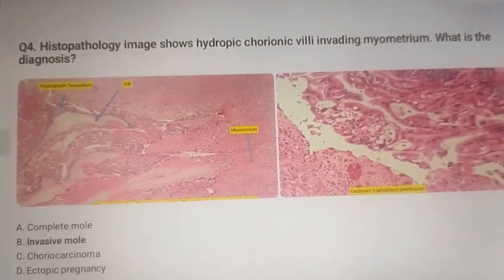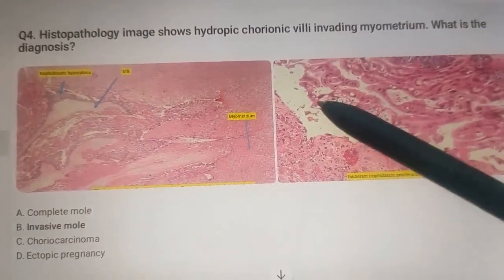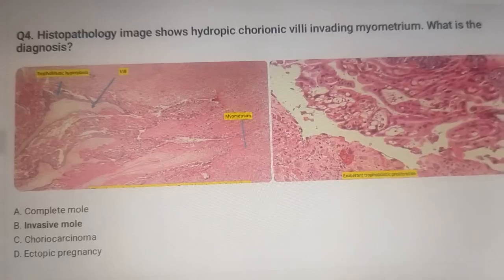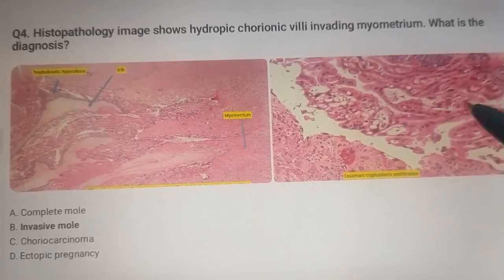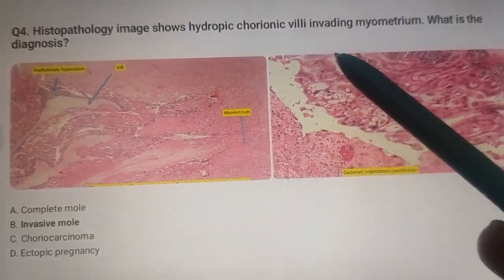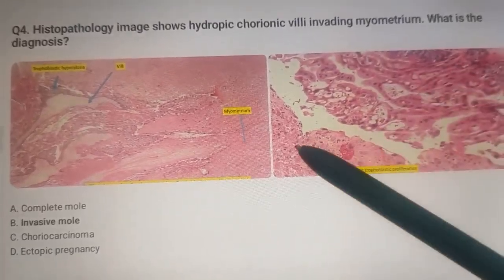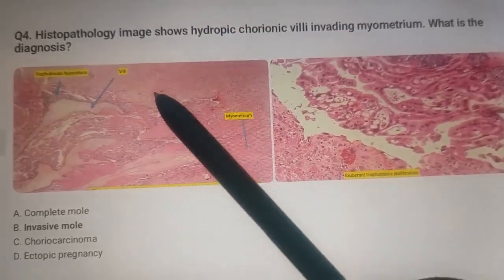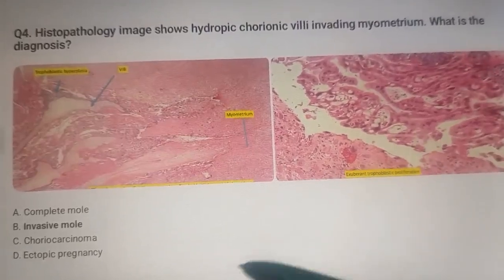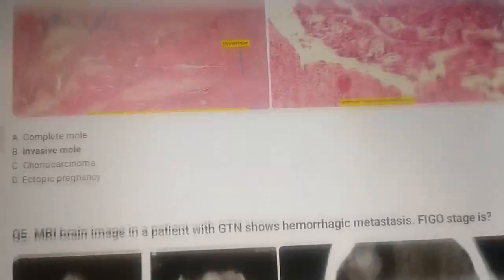Then our next question is histology image shows hydropic chorionic villi invading the myometrium. What is the diagnosis? We have studied in case of invasive mole in histology that hydropic chorionic villi invade the myometrium. So the answer is invasive mole.